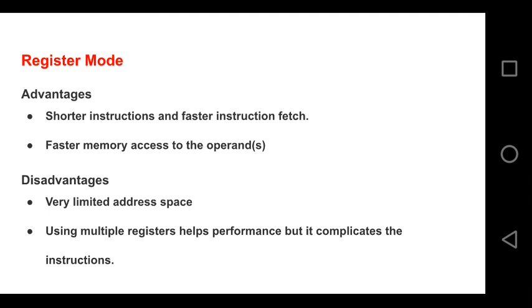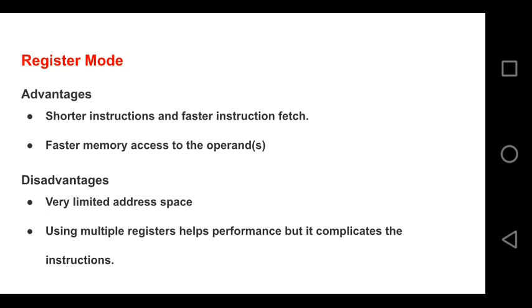And the second advantage is faster memory access to operands, because the registers are the immediate memory locations for the ALU and CU.